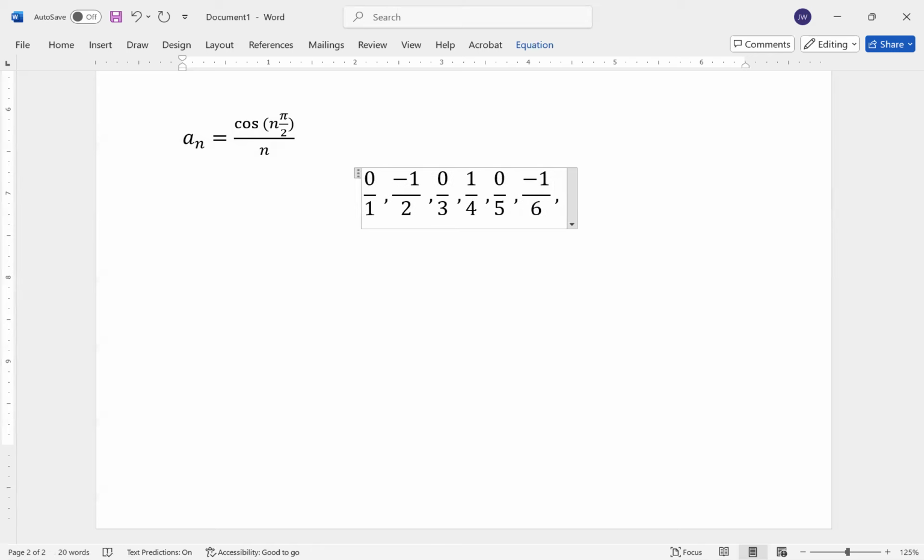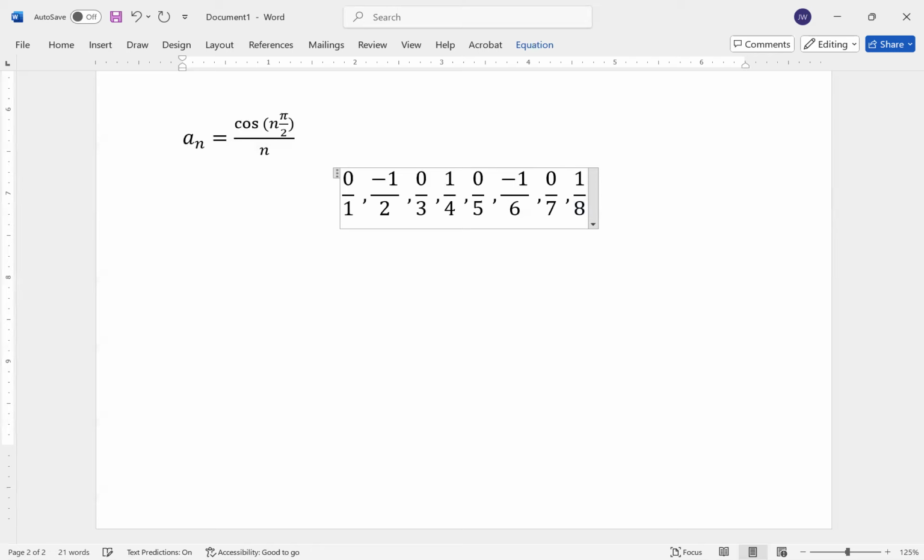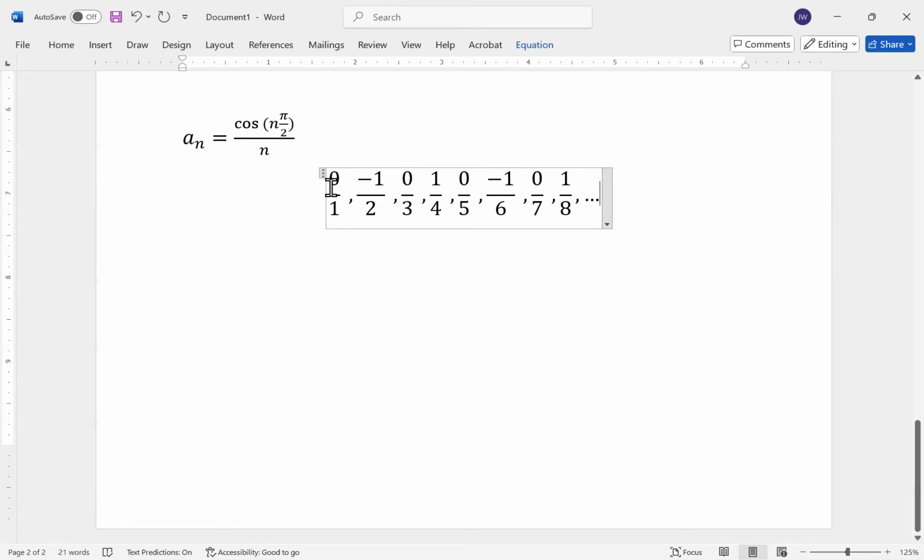When I plug in a 7, I get 0 over 7. When I plug in an 8, I get a +1 over 8. You can see that the numerators have this pattern where we go 0, -1, 0, +1. If I plug in 9, 10, 11, 12, I'll still get 0, -1, 0, +1 in the numerator. And then the denominators are just growing.